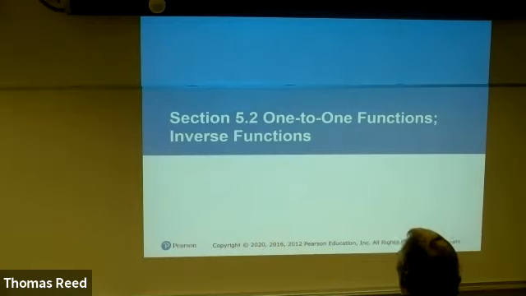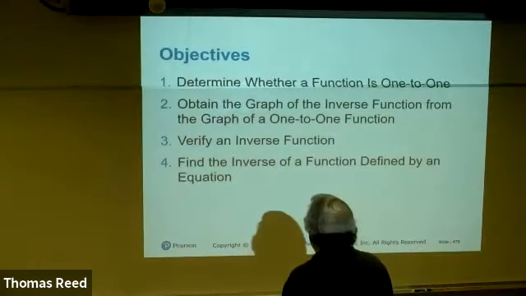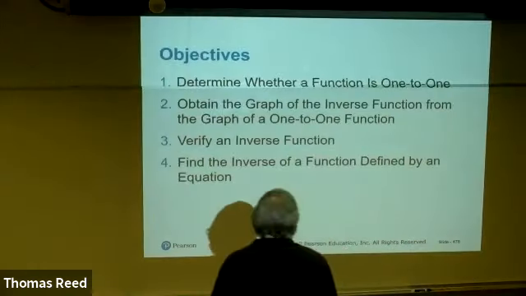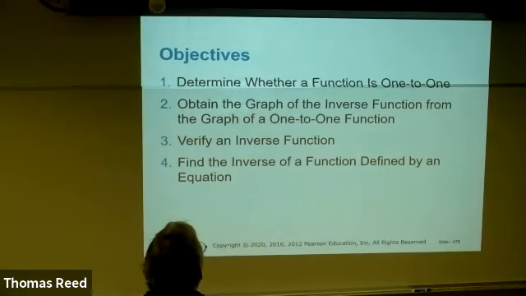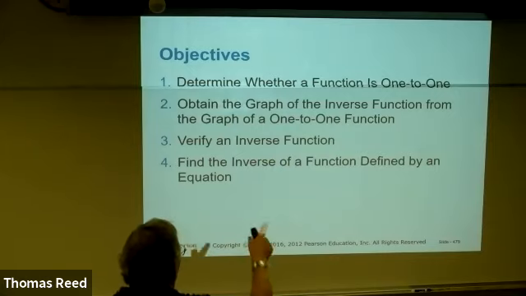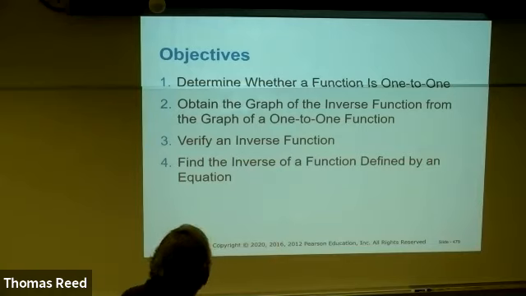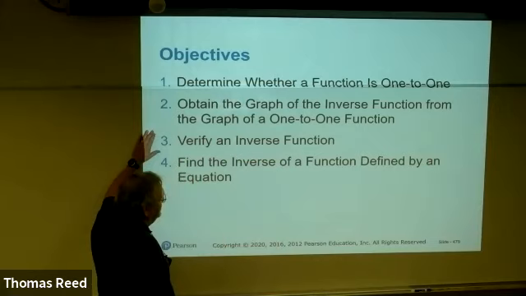Okay. One-to-one functions. First thing we're going to do is discuss what a one-to-one function is, and then determine if a function is a one-to-one function. We're going to obtain the graph of the inverse function from the graph of a one-to-one function. But first, we're going to talk about what an inverse function is, and then verify that a function is the inverse.